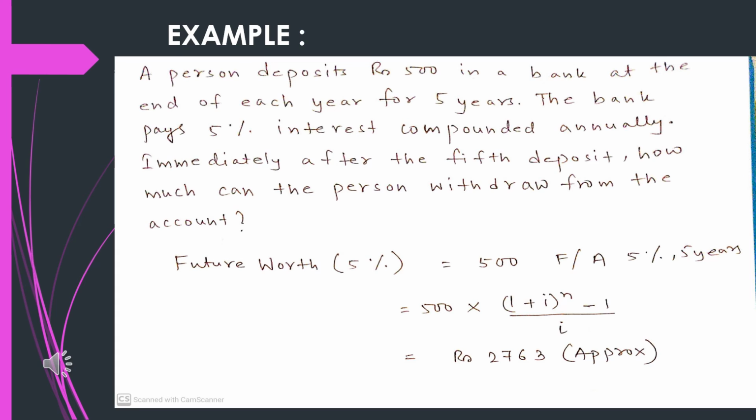What we can do is transfer the value of 500 with the help of the formula (1 plus i) to the power n minus 1, divided by i, and multiply that with 500. We get the future worth at 5% to be approximately 2763. So that amount of around 2700 is the figure that the person can withdraw from the bank immediately after the 5th deposit in his account.